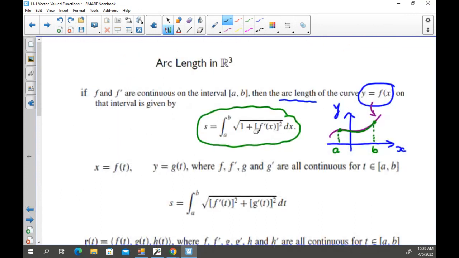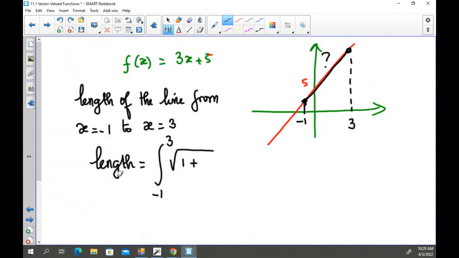The formula says f dash squared dx. Can you see that? Here, what is the derivative of this function? 3. Yes. So you need to put 3 squared dx. Like this. Do you understand this?